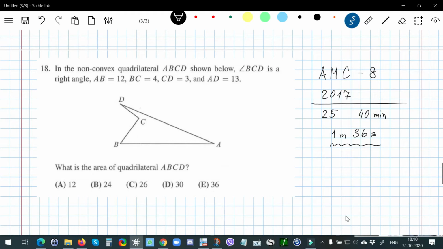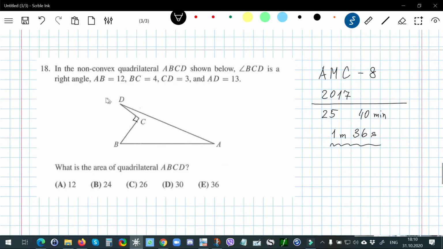So what do we have here? We have a quadrilateral ABCD, which is of this unusual form. But we also know that BCD is right. This angle is right, and this gives us all necessary information to start thinking.